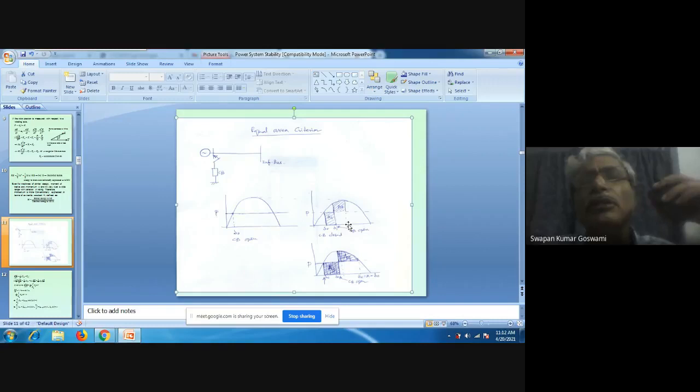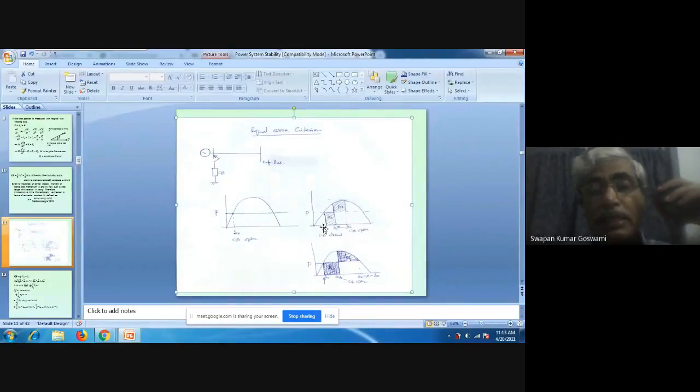The machine is not a lossy machine. We have neglected the losses, saying that the machine has no loss. So any energy that has been given as input to the rotor of the generator, that has been inserted into the rotor of the generator, must be extracted out of the generator to restore the synchronous speed.